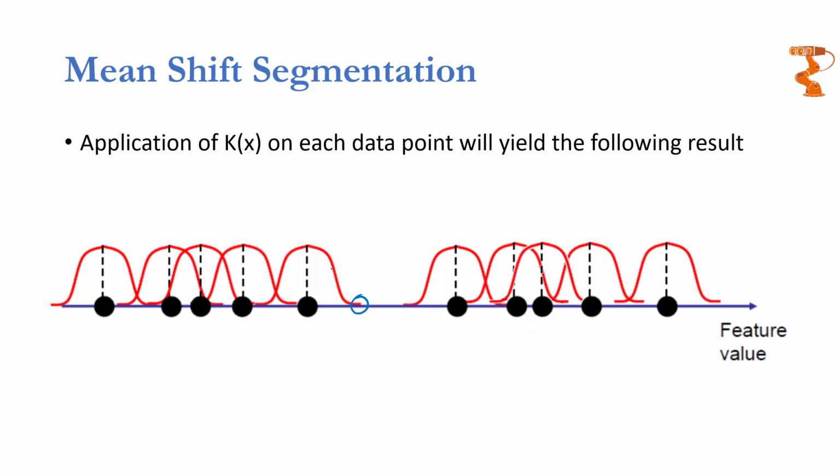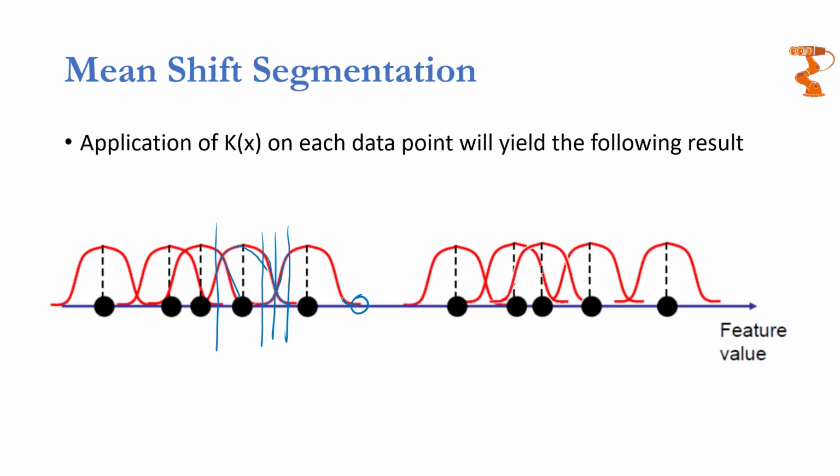Over here there is again only one function, but in this region you can see that these values are going to add up, so the function value is going to increase. In this region, these values are going to add up. And in this region, these values are going to add up.